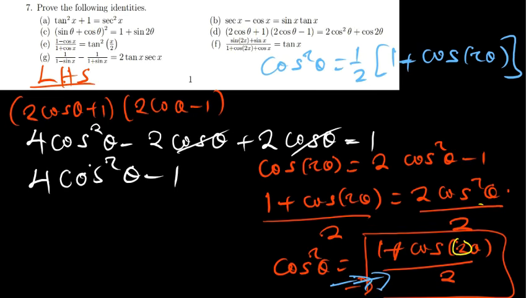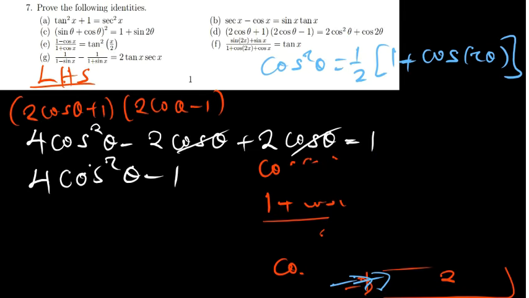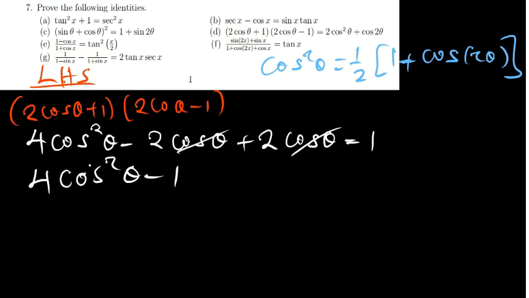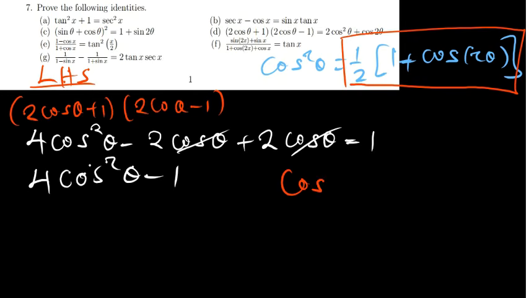I want to show you another identity which you can come up with from here. I can clearly see that if I divide, I'm talking about the angle only, I divide 2, then I'm going to come up with this. So this is another identity which you have to know, just that one. So now if I divide everywhere by 2, I'll come up with this, theta divided by 2.